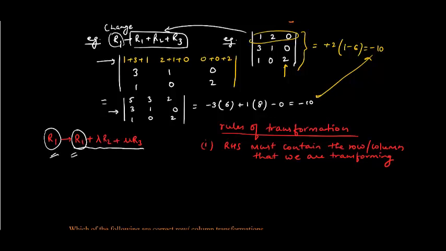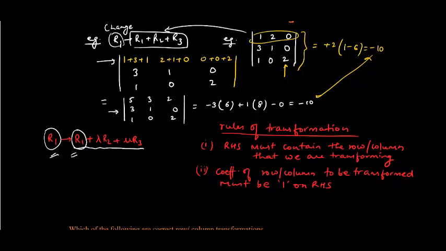Now the second rule of the transformation is the coefficient of the row or column to be transformed must be unity, must be 1 on the right hand side. तो second rule इज कि right side जो है इसमें आपका R1 का जो coefficient है वो हमेशा 1 होना चाहिए. जैसे if I am transforming R2, so you should have, let's say R2 को हम लिख सकते हैं R2 minus 3R1 plus 4R3.